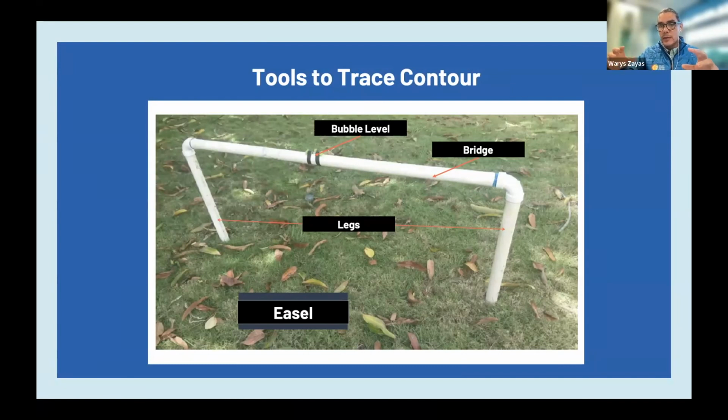For example, if you are planting oranges or lemons in the field, and the separation between each tree is about 5 feet, you can build the bridge at 5 feet, and at the same time that you are tracing your contour line, you are marking as well the areas where the hole for each tree will be. So you're doing two tasks at the same time.